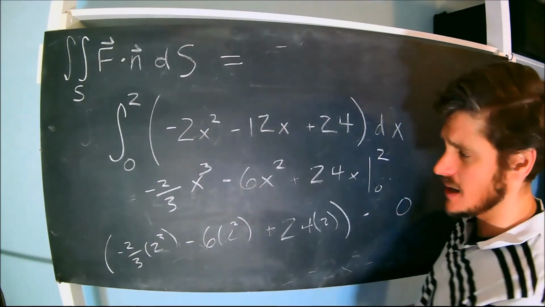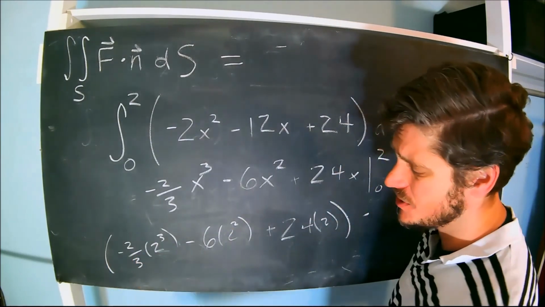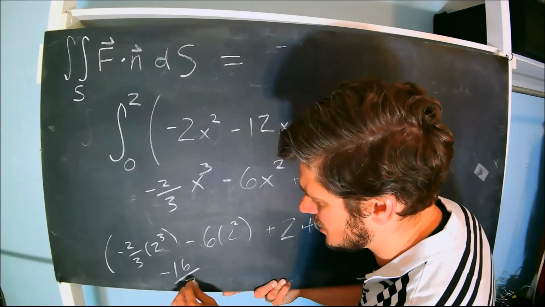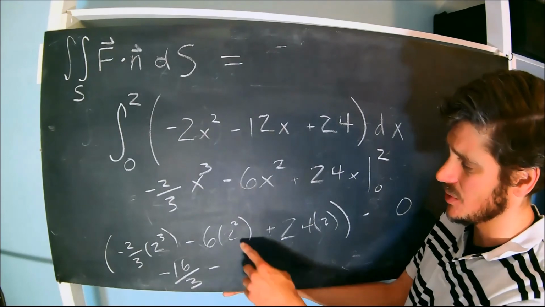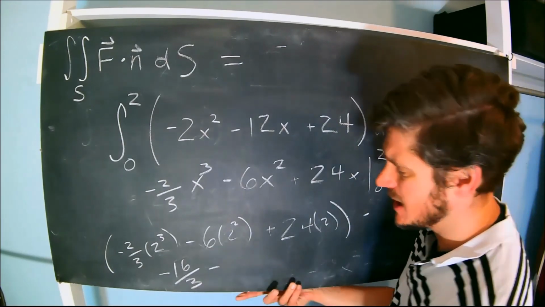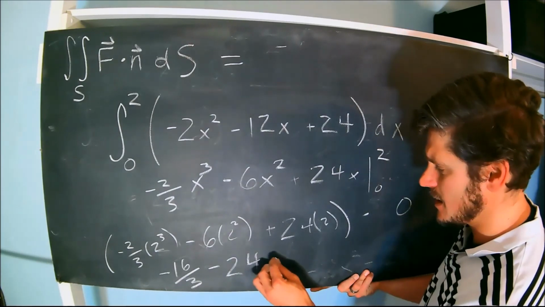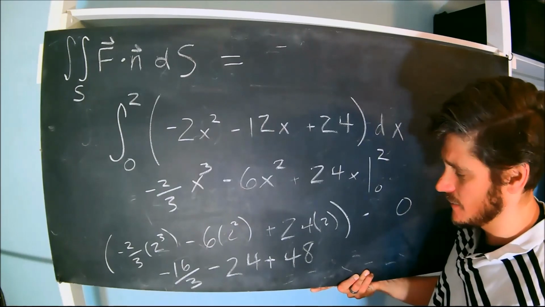So let's clean this up. 2 cubed is 8, so negative 2/3 times 8 is negative 16/3. Minus 6 times 2 squared. 2 squared is 4, 4 times 6, so minus 24. And then plus 24 times 2 is 48.